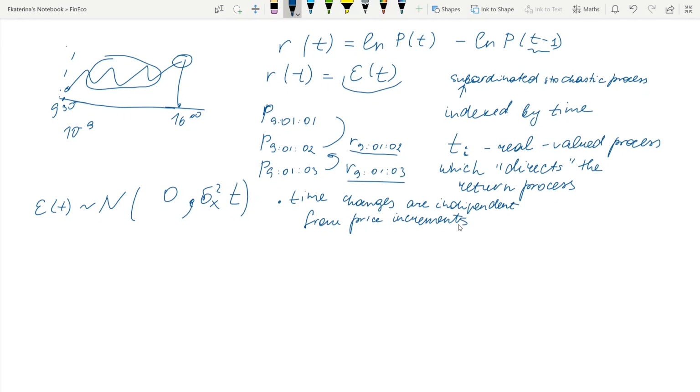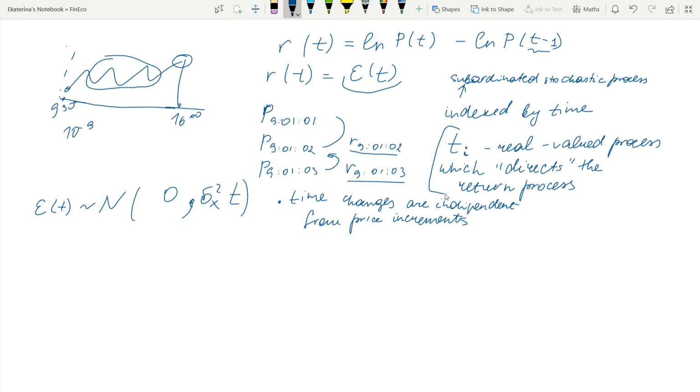So the intuitive idea, if you are not very familiar with stochastic processes, is that there is this time guy. The time just continuously evolves. And it just goes on and on and on and kind of subordinates or directs the stochastic process of the log prices.